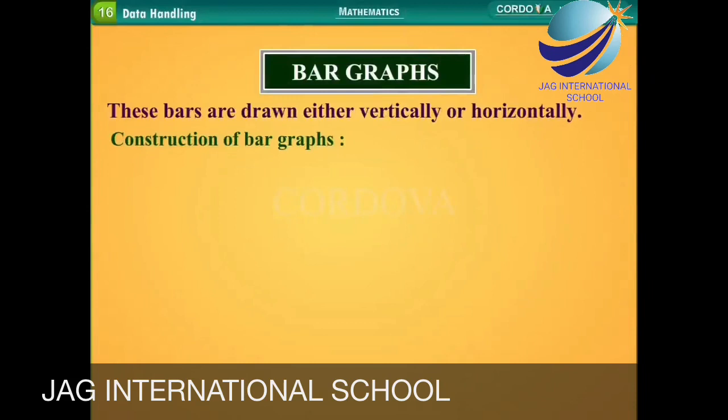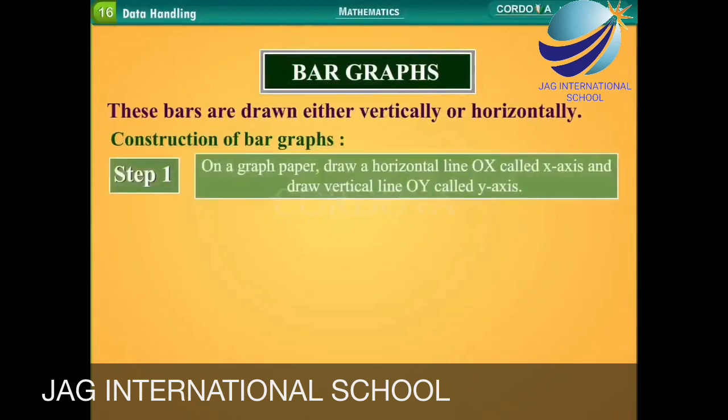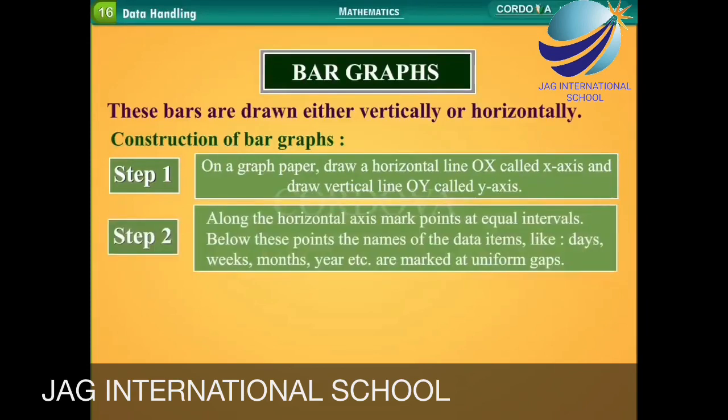Construction of bar graphs. Step 1. On a graph paper, draw a horizontal line OX called x-axis and draw a vertical line OY called y-axis. Step 2. Along the horizontal axis, mark points at equal intervals. Below these points, the names of the data items like days, weeks, months, years, etc. are marked at uniform gaps.